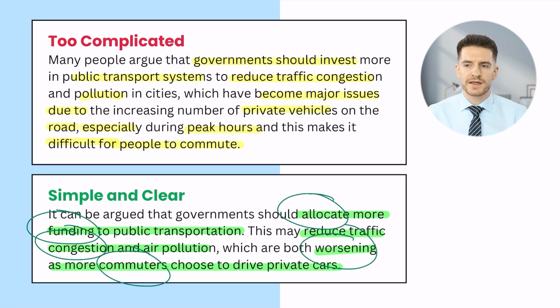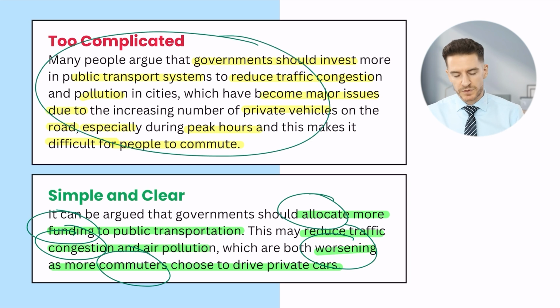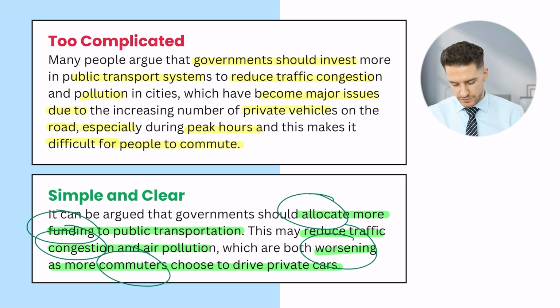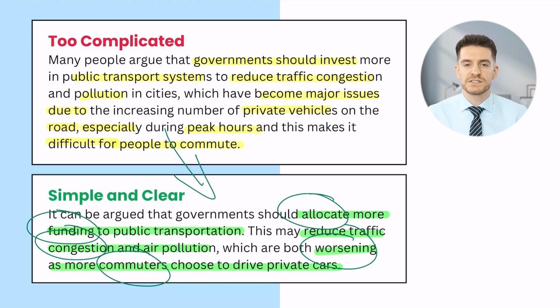So it's not that if you write in a simple way that your writing will be at a lower level. No, that's not true. What I'm trying to say is don't write like this, where you try to put everything into one sentence. No, a lot of the time it's much better to write like this in a simple and clear way, but at the same time, still remember to use that less common vocabulary and different grammar structures.